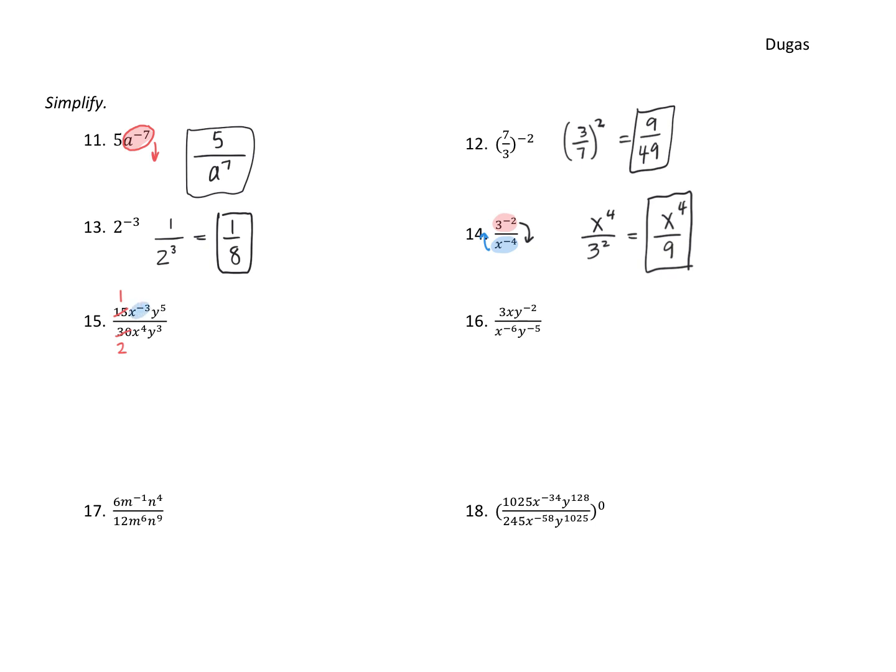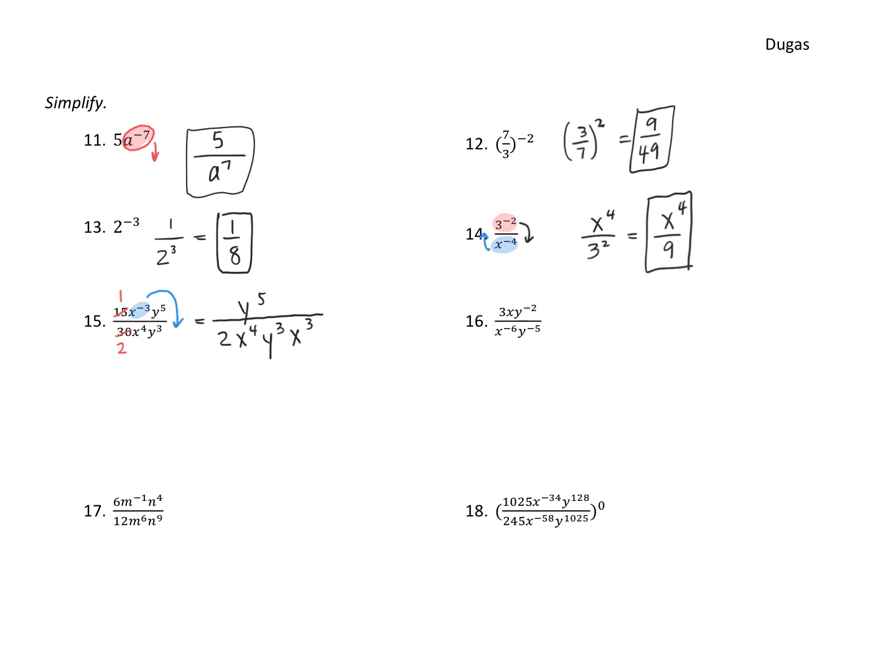So x to the -3 is going to move down, and I don't have any other exponents that are negative, so I'm not going to move anything else. So this is going to be 1 y to the 5th, that's all that's left on top, and on the bottom I have 2 x to the 4th y cubed times x cubed that moved from the top.